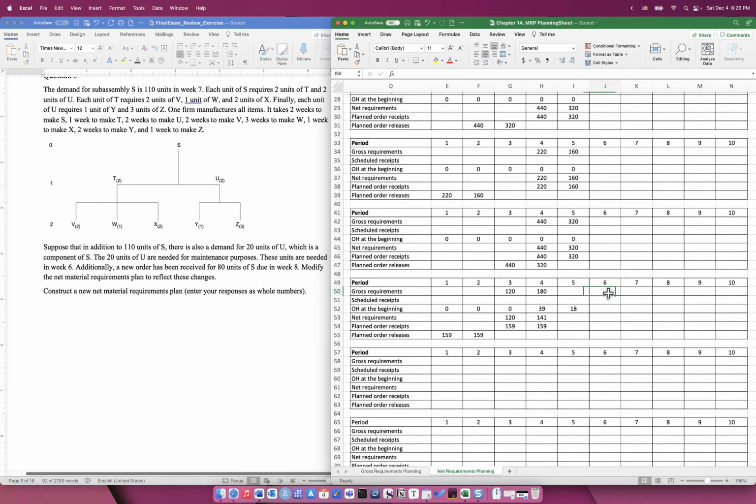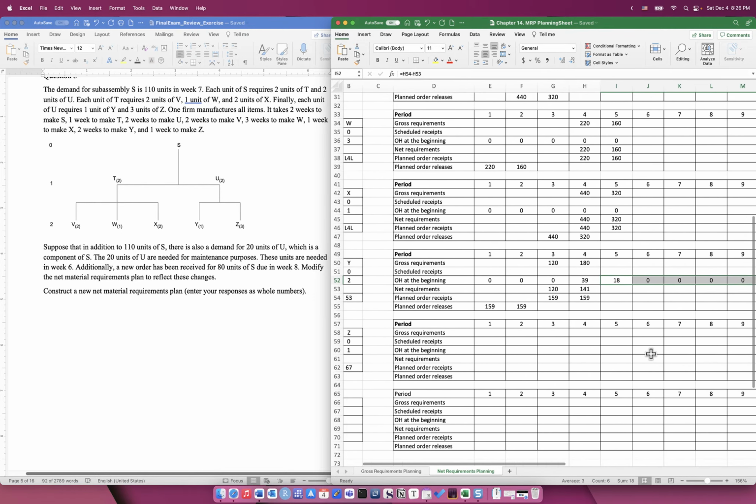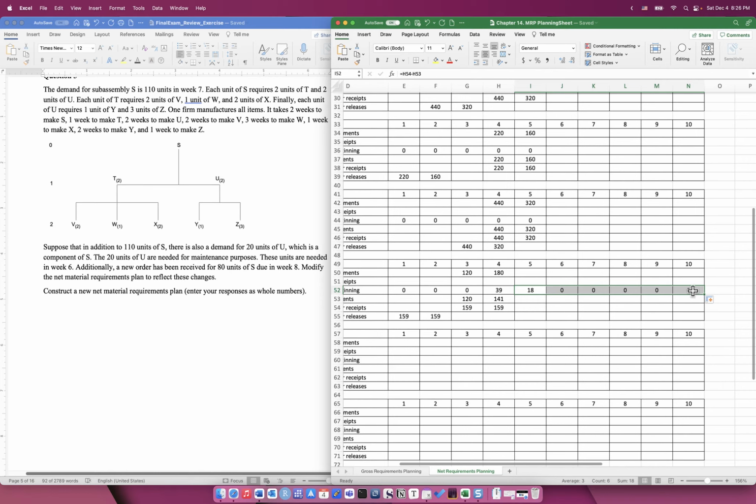Because there's no demand, no requirement beyond 4, you will keep carrying component Y all the way to the last period. Oops, it has to be 18. Okay, let me just finish it like this.